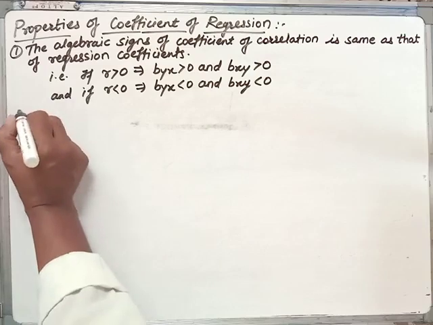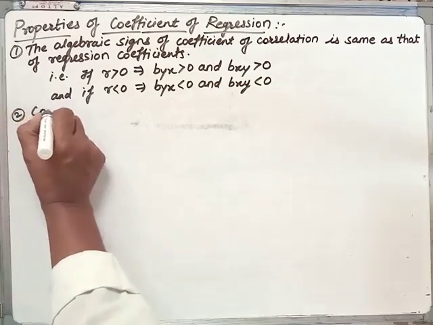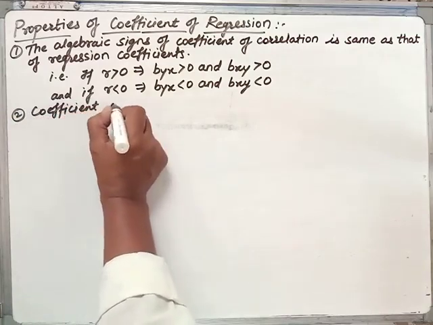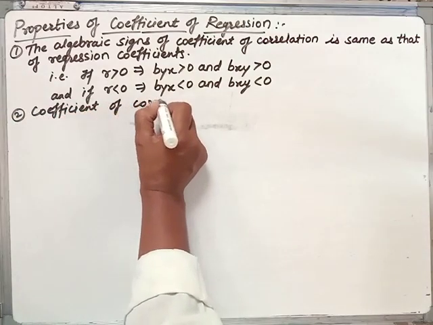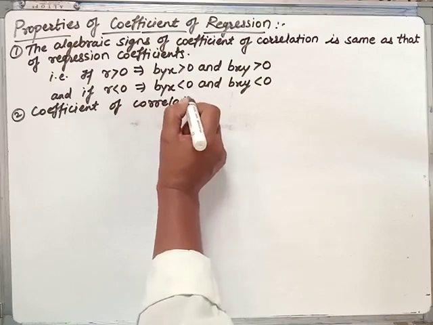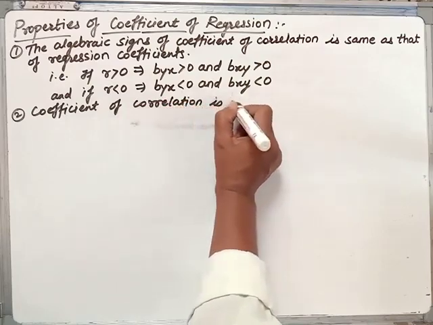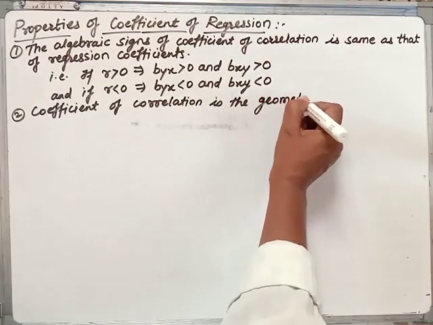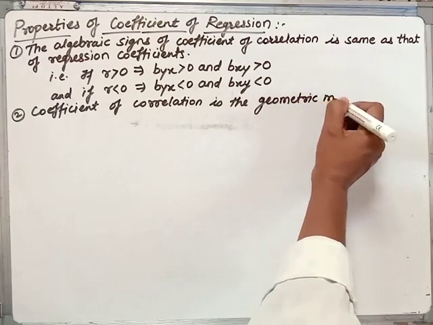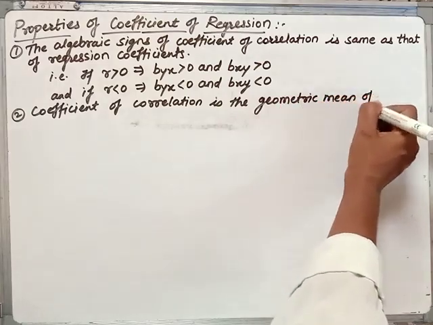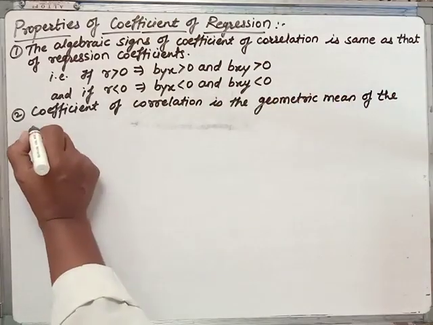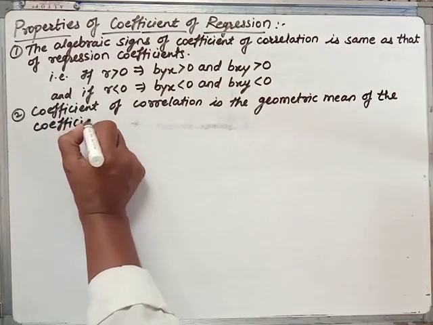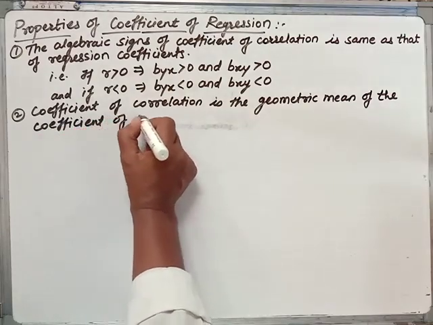Okay. Second property, the coefficient of correlation is the geometric mean of the coefficients of regression.